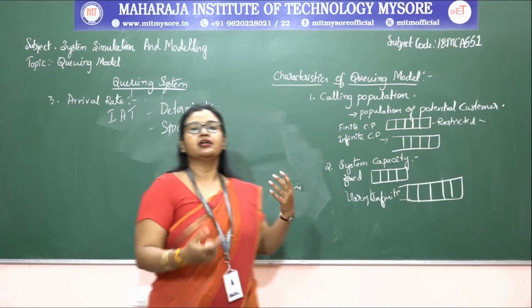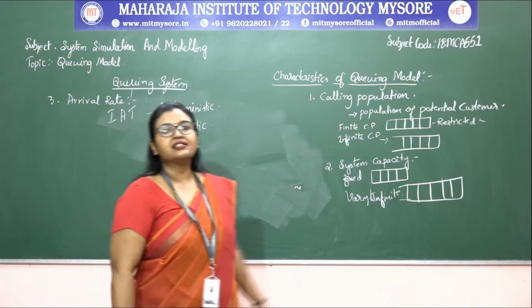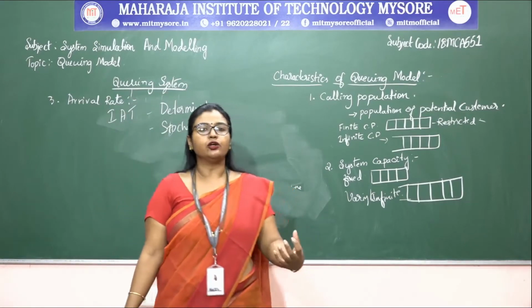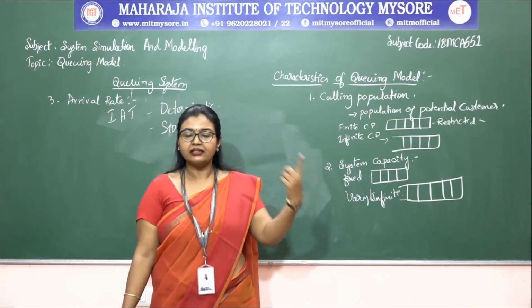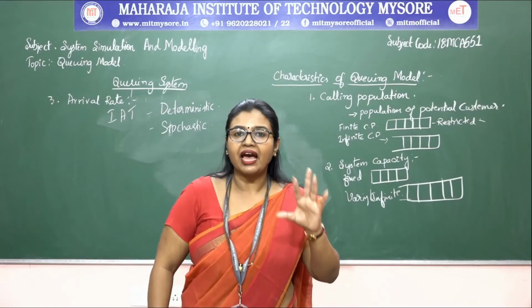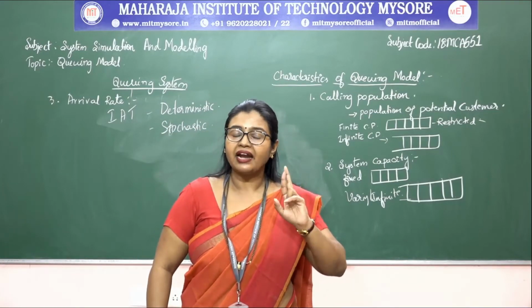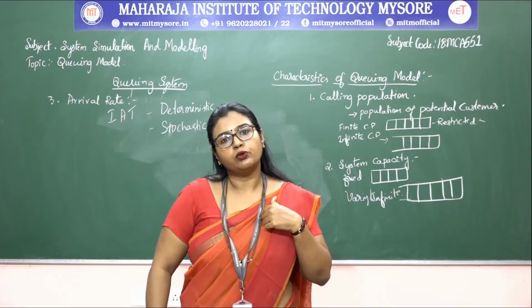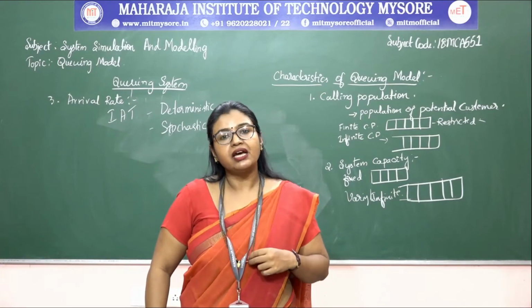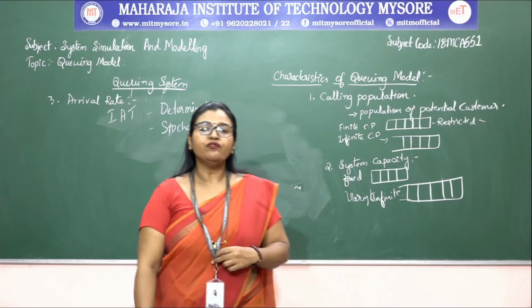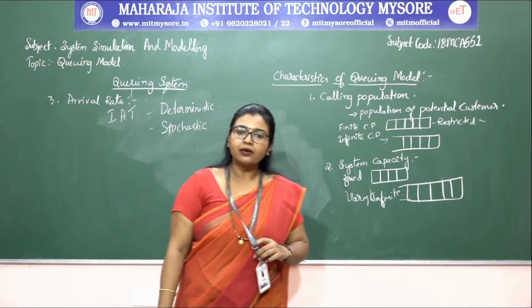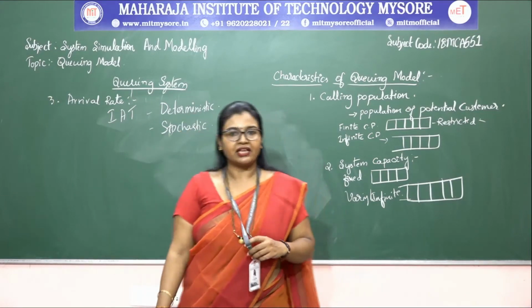So those are all comes under this stochastic in nature, the arrival rate of the customer. So as I said, in the queuing model we have two terms, customer and server. In that I am talking about the customer's arrival rate. So we need to fix up with whether it is a deterministic one or whether it is a stochastic one.